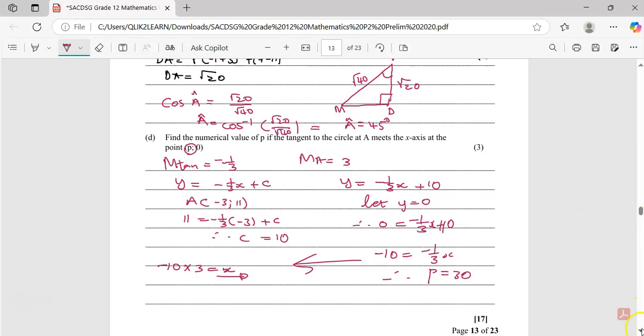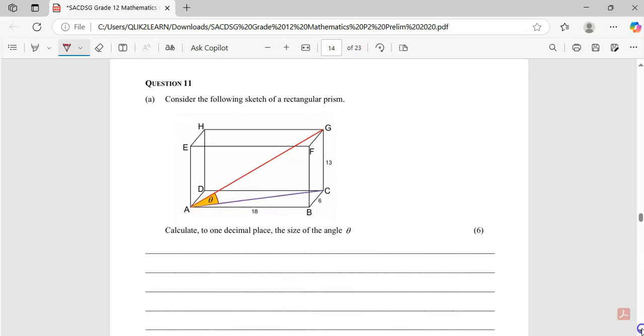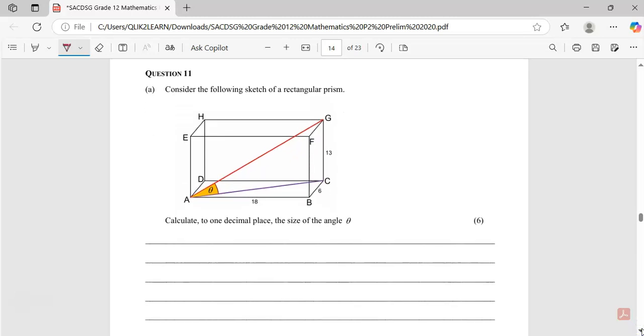So just to challenge you guys, I'm going to leave you with a question that you can practice. You can take a screenshot and work on this one. They want you to find the size of angle theta, for 6 marks.